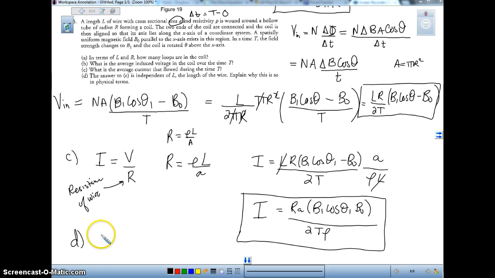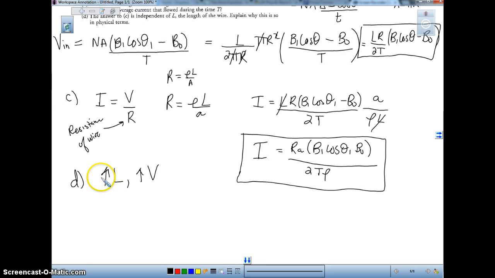If we increase L, the length of wire, we're going to get more voltage just through this relationship, and you can see that there is a factor of L. However, counteracting that, if we increase L, we actually increase resistance.